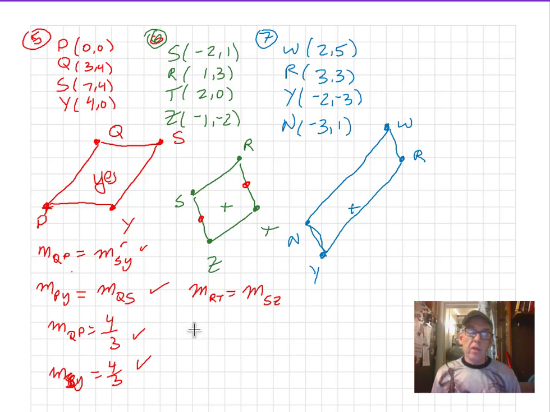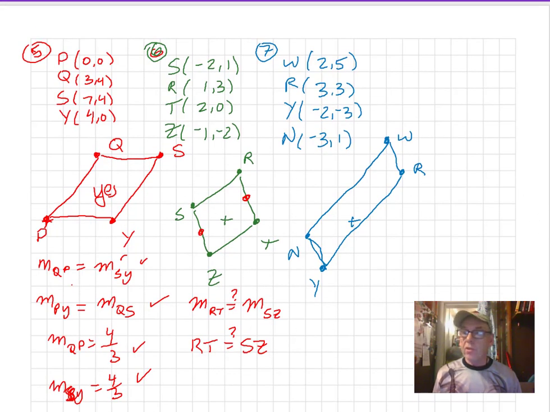And then is the length of RT equal to the length of SZ? These are the two things we need to check. If they are, then we have a pair of opposite sides that are both congruent and parallel, and that's enough to guarantee that we have a parallelogram.